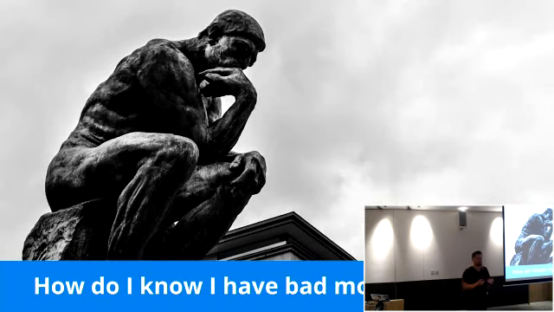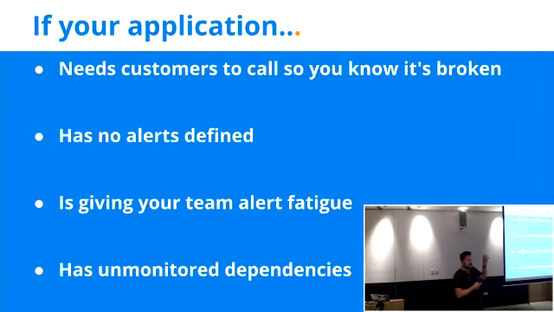So how do you know that you have bad monitoring in your company? From an application perspective, if your customers need to call you to tell you that the thing they're using is down, well then it's a pretty good sign. If you have applications or services running where there's no alerts defined, again, pretty bad sign.